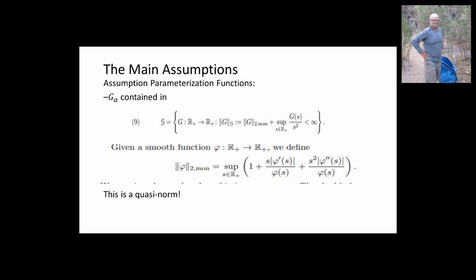This quasi-norm is controlled by the sup of G(s) over s squared plus a certain second order derivative quasi-norm, as I indicate here. I write it here in detail, but we don't need to worry exactly about what this is.